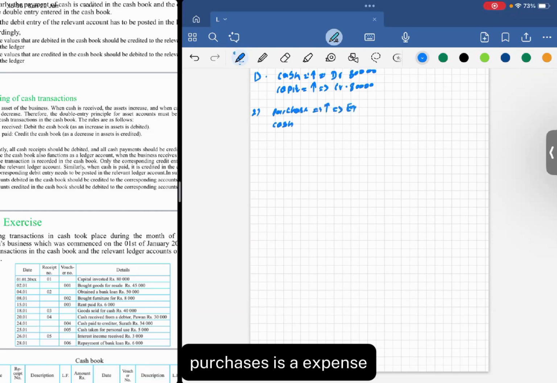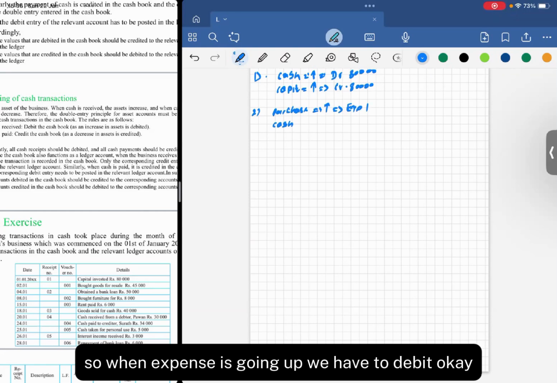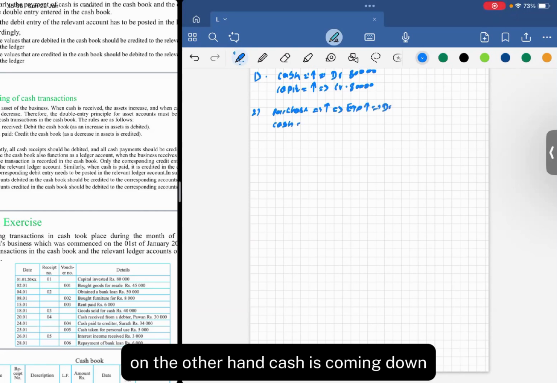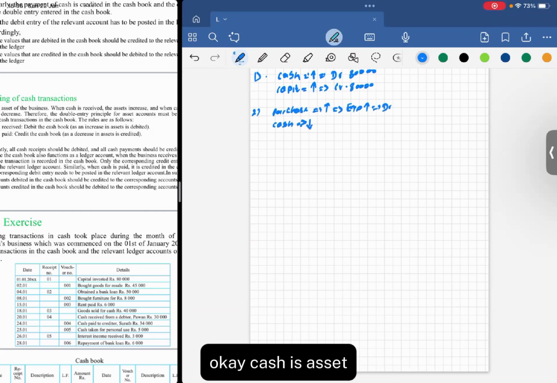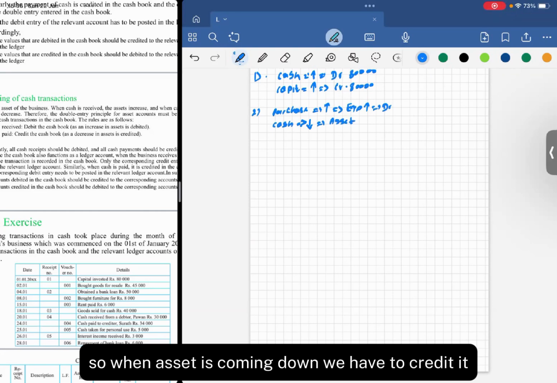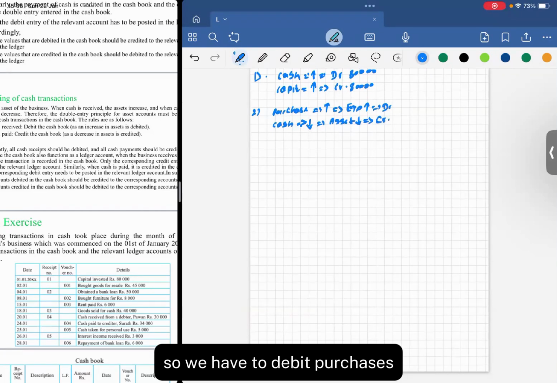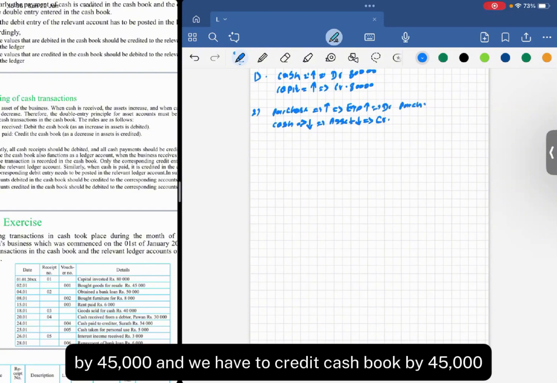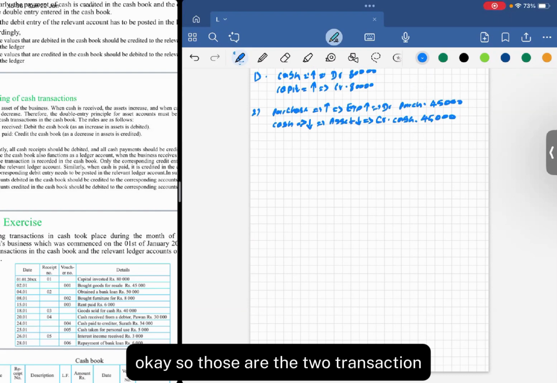Purchases is an expense, so when expense is going up, we have to debit. On the other hand, cash is coming down. Cash is an asset, so when an asset is coming down, we have to credit it. So we have to debit purchases by 45,000 and credit cash book by 45,000.